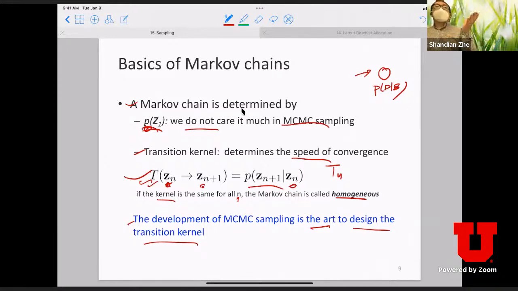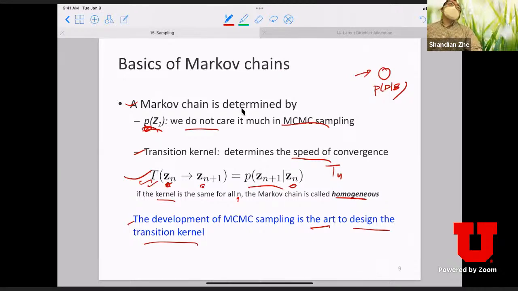At that stage, we believe that it either has already converged or the distribution of the state is very close to the true posterior. However, in most cases, there's no guarantee on that. It's totally based upon empirical experience. For some data, for some task, for some chain, it converges faster.